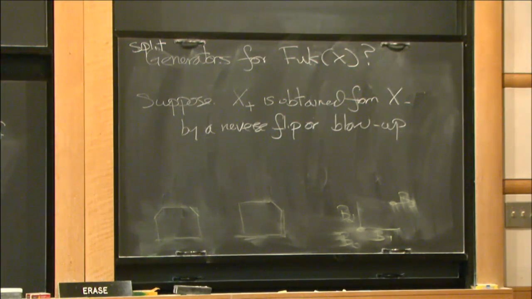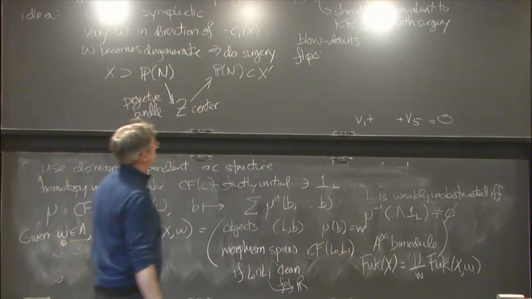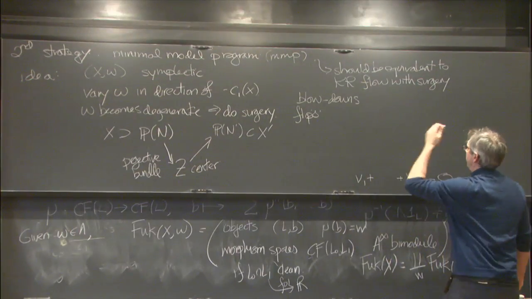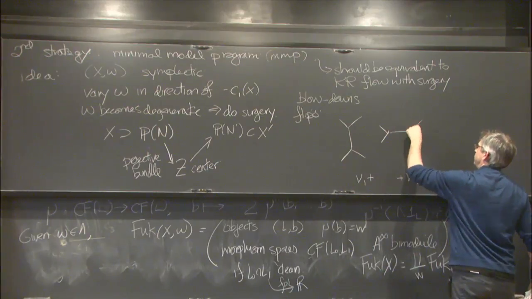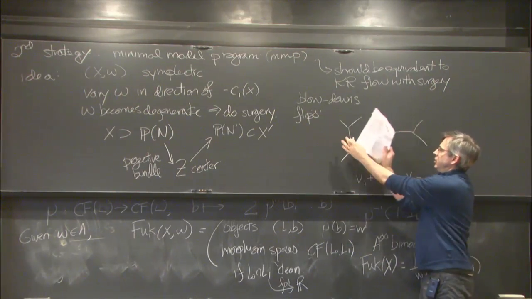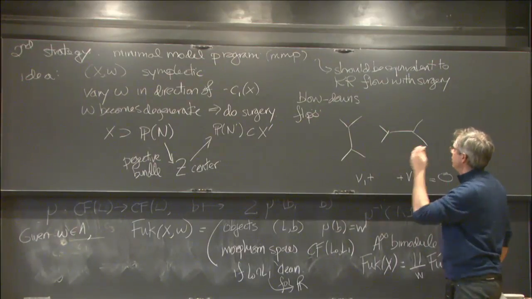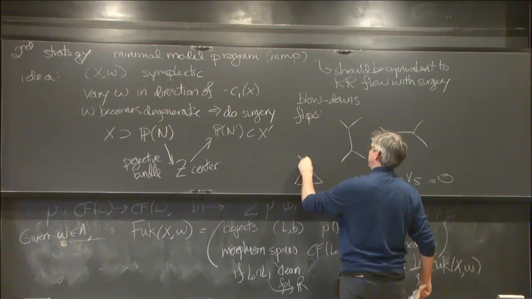Is there a nice example of a flip, just some simple flip that is not also a blow-up? Yeah. So in the toric case, a flip would be something like this. You imagine that the polytope changes like this.